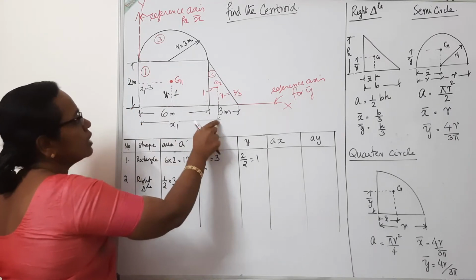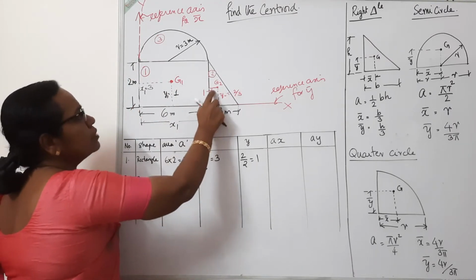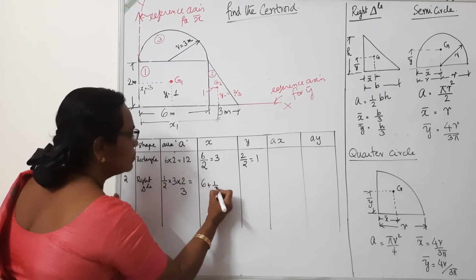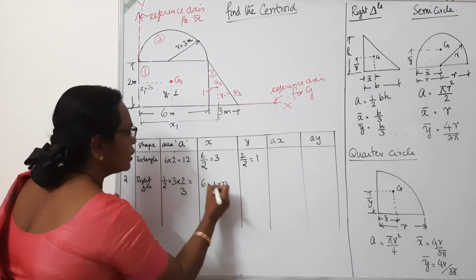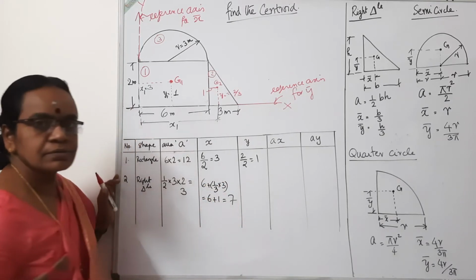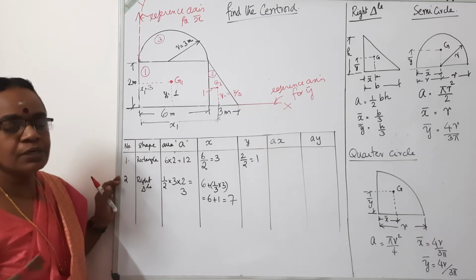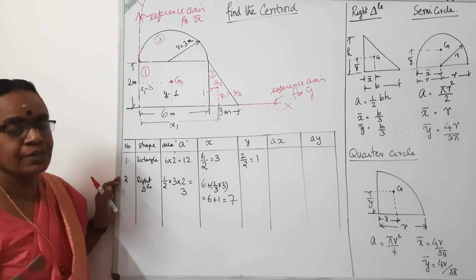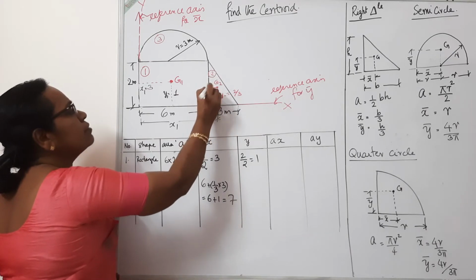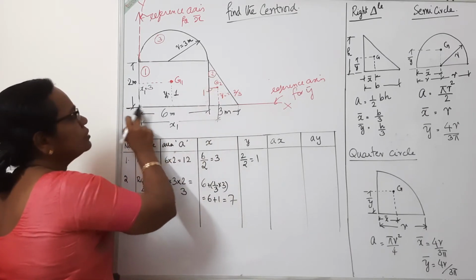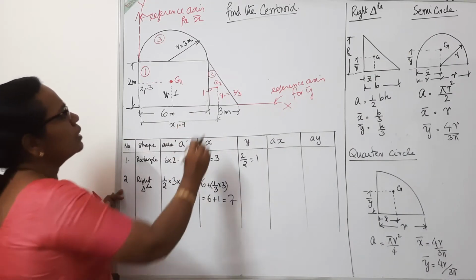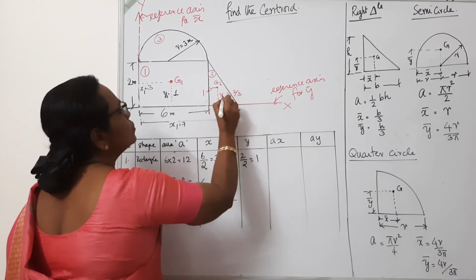From the reference axis, it is 6 plus 1/3 of 3, or 6 plus 1, 7. That is very important. Commonly students commit a mistake here. Its center of gravity from its base is 1, so from the reference line, it is 6 plus 1, 7. Similarly y1, y2.